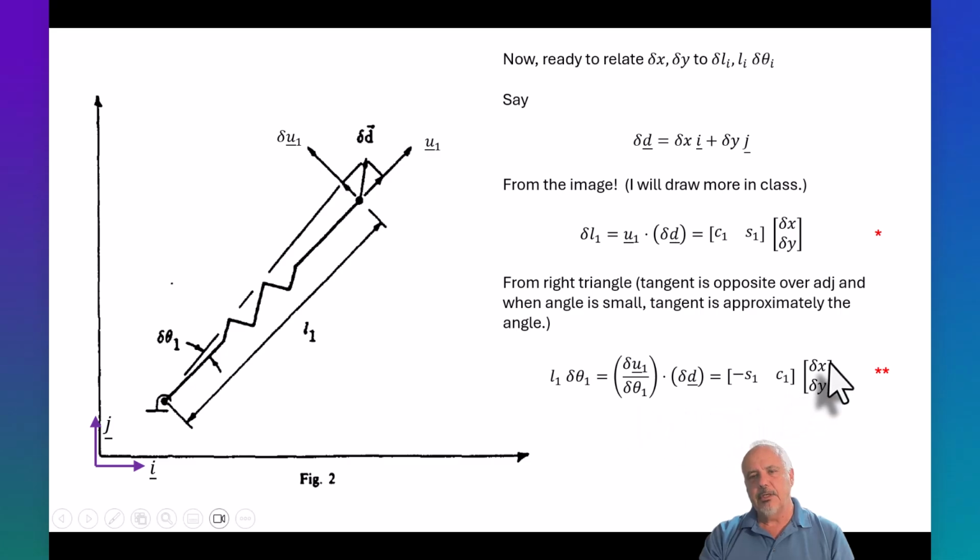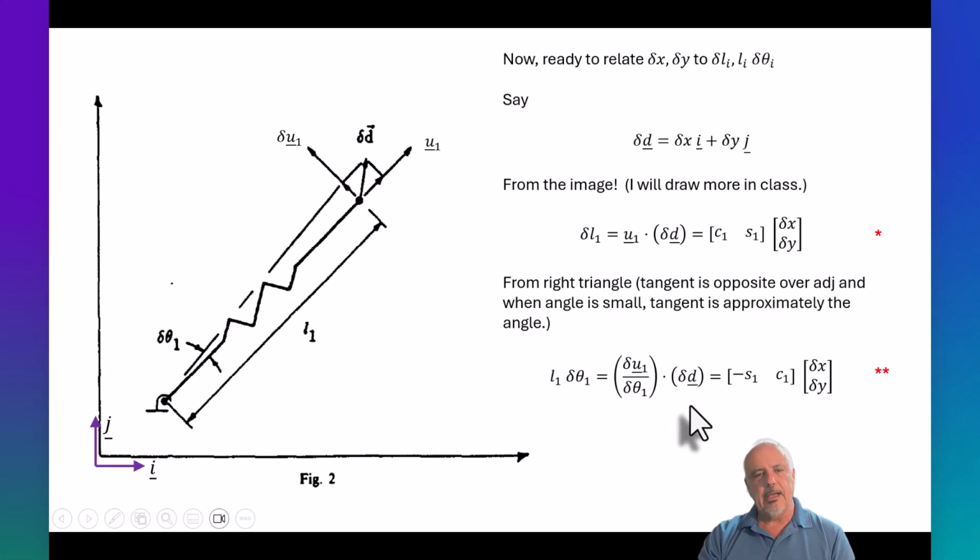If I do this, I get delta X, delta Y dotted with that perpendicular direction, and that's going to be L1 delta theta 1. That's going to be that distance right there. And this holds because for a very small delta theta 1, the angle is equivalent to the tangent, like opposite over adjacent. So this works very well.